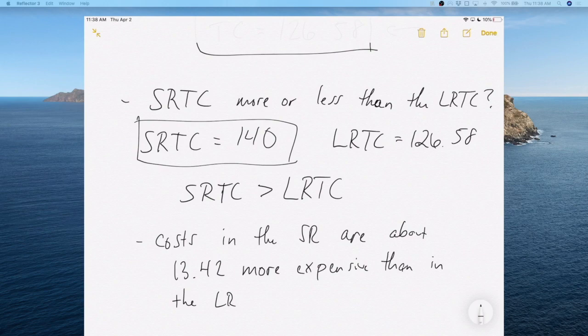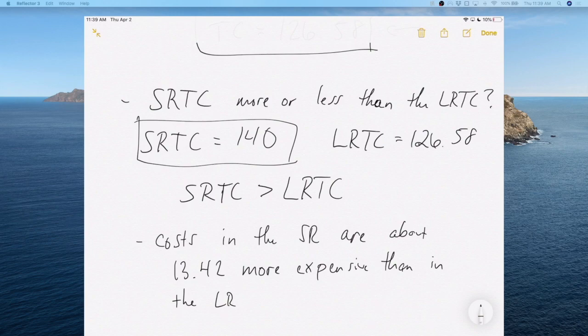We know that in the long run, the firms have more flexibility. They can substitute labor and capital, but in the short run, they're constrained to only changing their labor. This is reflected in the fact that in that first part, when we solved for the short run total cost, they had their capital fixed at 10.